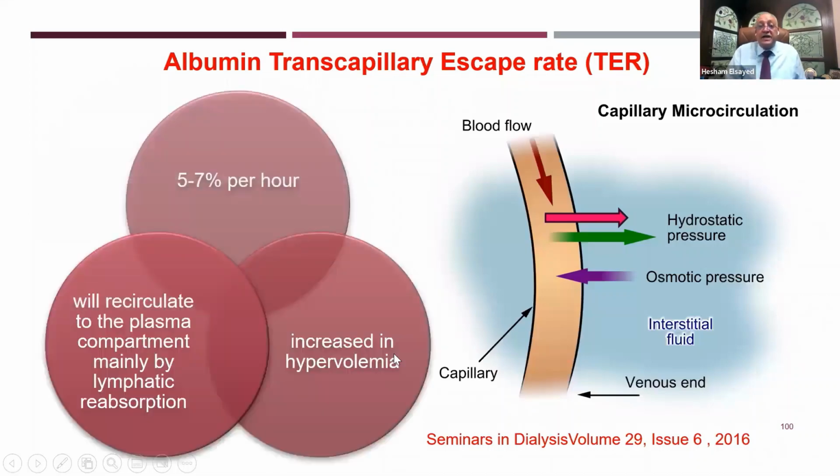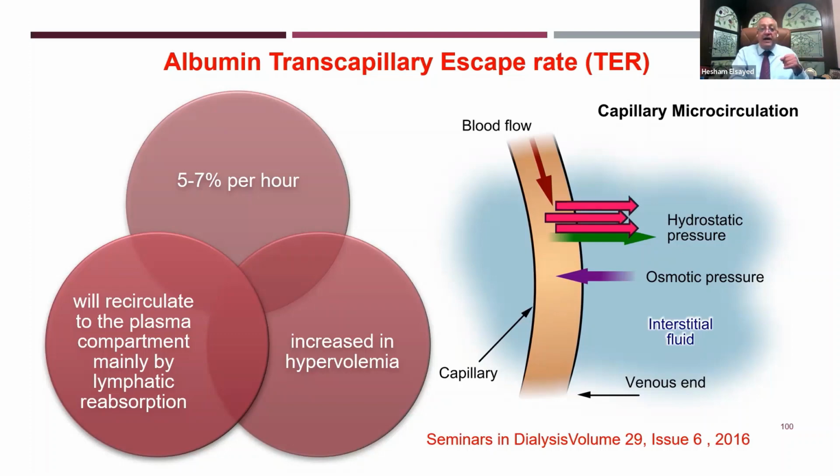Also, albumin transcapillary escape, meaning that albumin leaves the intravascular compartment to the interstitium in patients with volume overload. So it makes the problem more complicated, because increasing the volume increases the hydrostatic pressure, making the albumin escape. It's called albumin transcapillary escape.